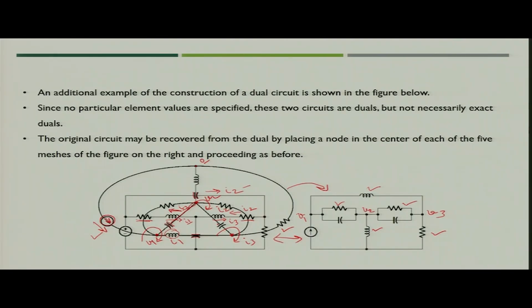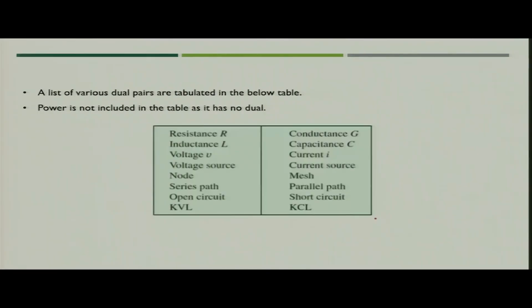The important thing you need to figure out from this circuit is that most of the circuit elements which were in series have now converted into parallel. So, what are the various dual parameters?